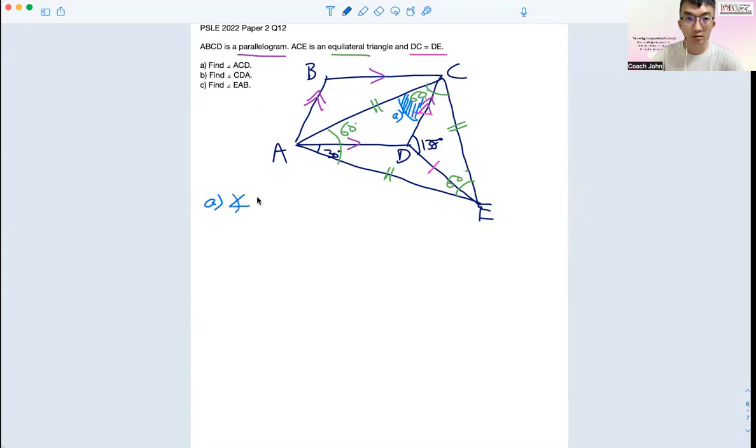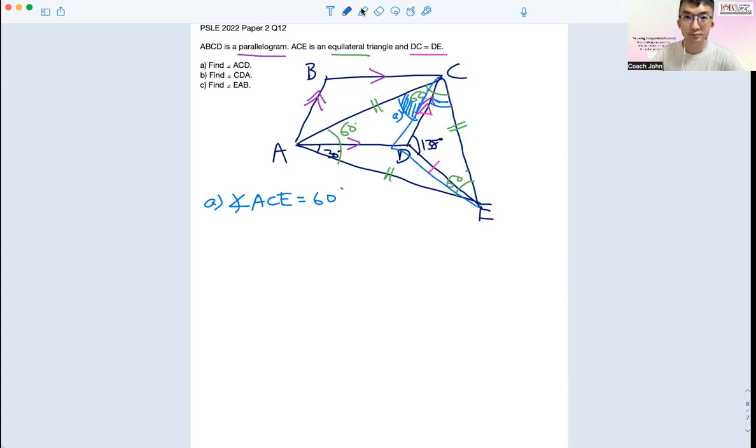So angle ACE equals 60 degrees. Once we are able to find this angle, you can just take 60 degrees minus this angle. And you know that actually this angle is part of this triangle.